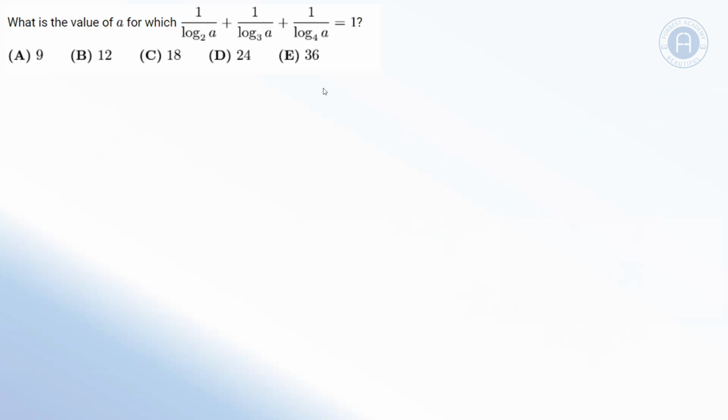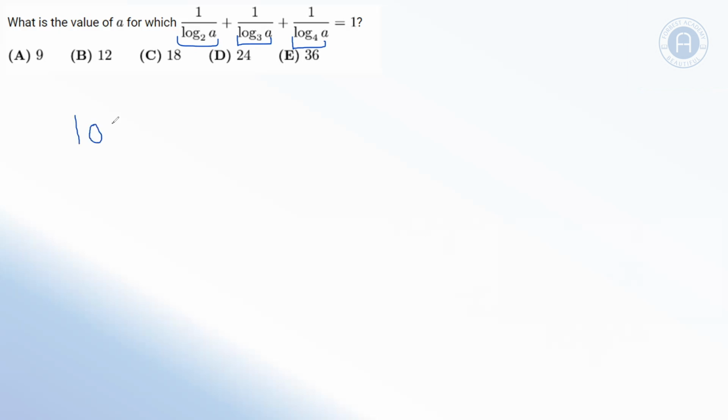Now, the main issue we have here is we have log base 2, log base 3, and log base 4. So the first thing I want to do in this question is to change these so they're all the same base. I think we're going to change log base 3 and log base 4 so they are both log base 2.